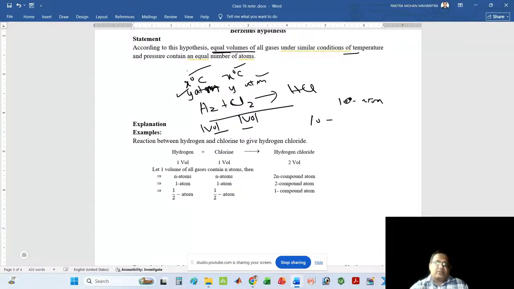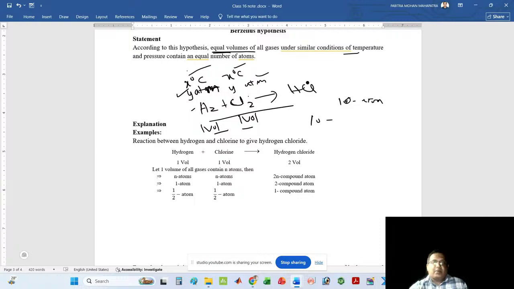As per the Berzelius hypothesis, again I will repeat. Suppose I take one volume of hydrogen and one volume of chlorine. Here the volume of both hydrogen and chlorine is the same. If they are present at the same temperature and same pressure, then according to the Berzelius hypothesis, both hydrogen and chlorine have the same number of atoms.